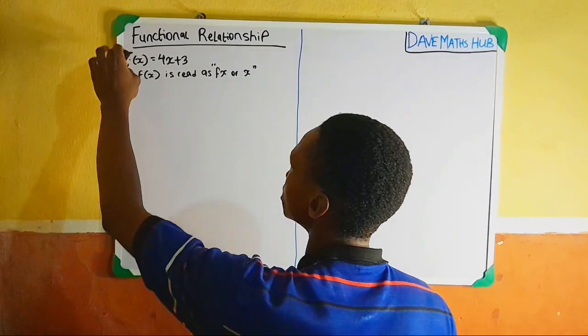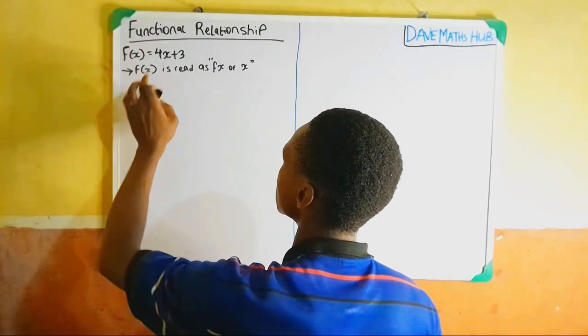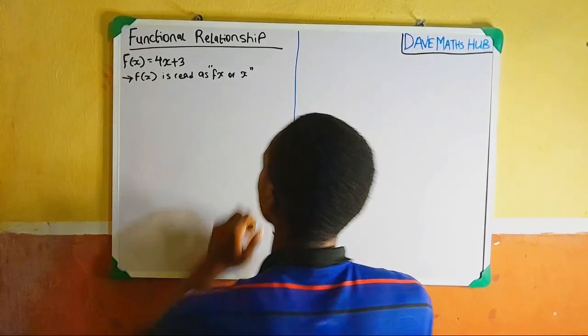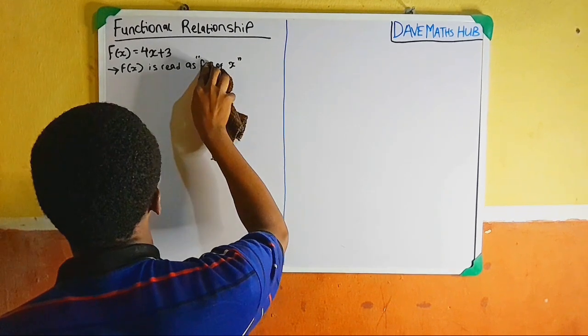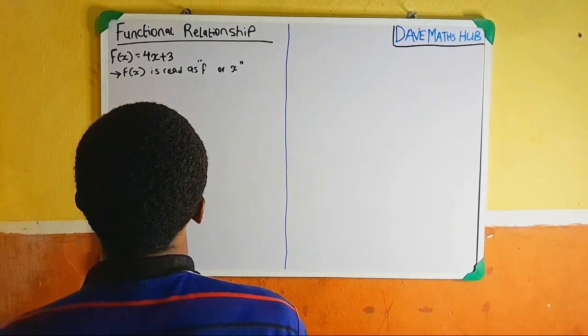So we are basically reading this f into bracket x as f of x.